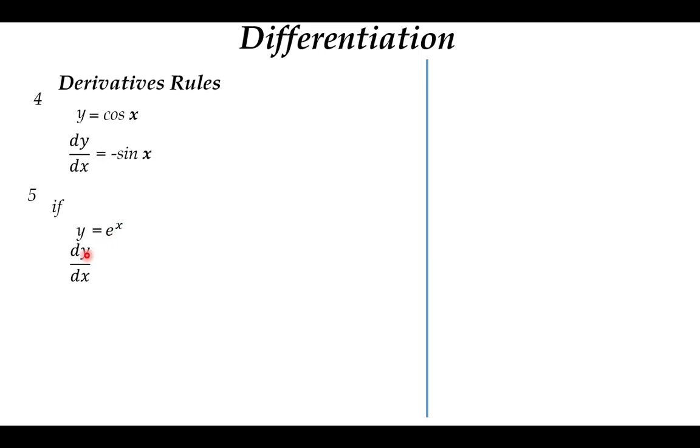So dy/dx of natural exponential is equal to e raised to the power x, exponential x. We will still get the same thing. If y is equal to exponential x, then dy/dx is equal to exponential x.